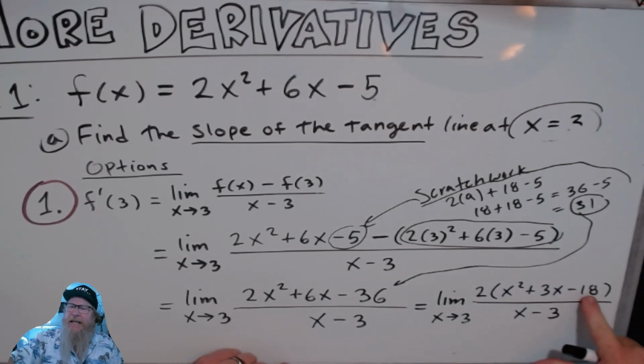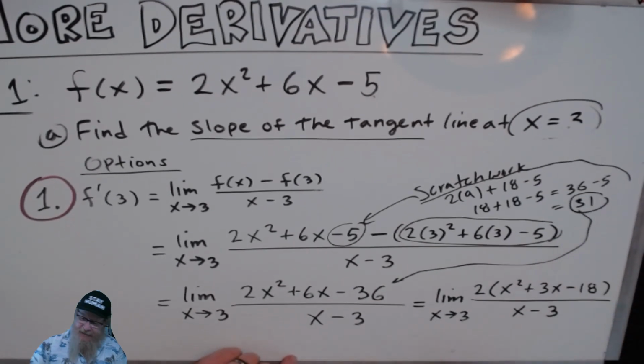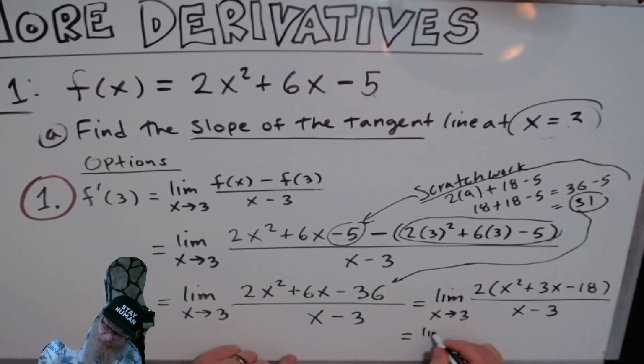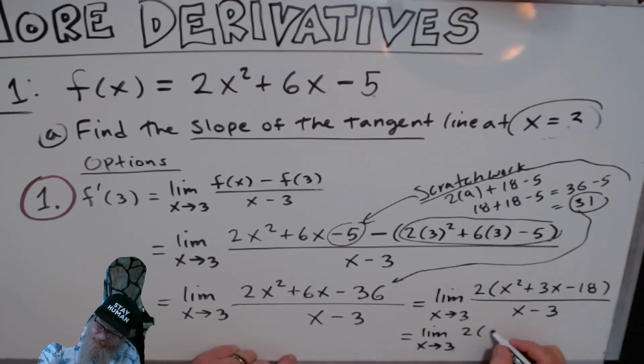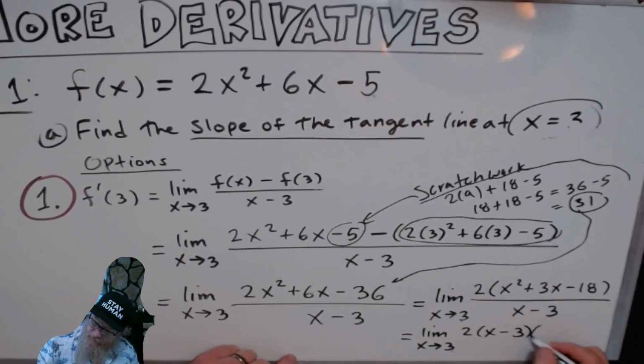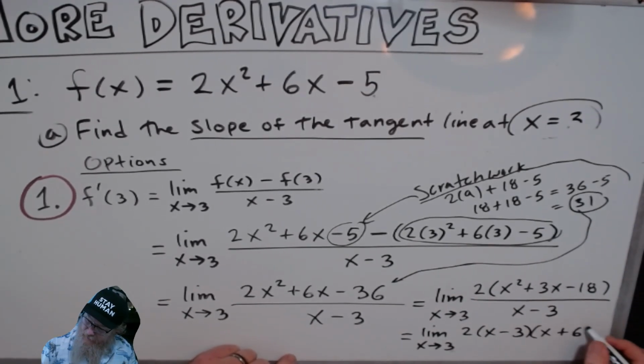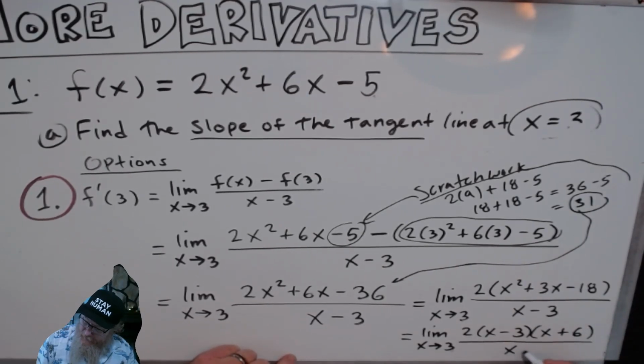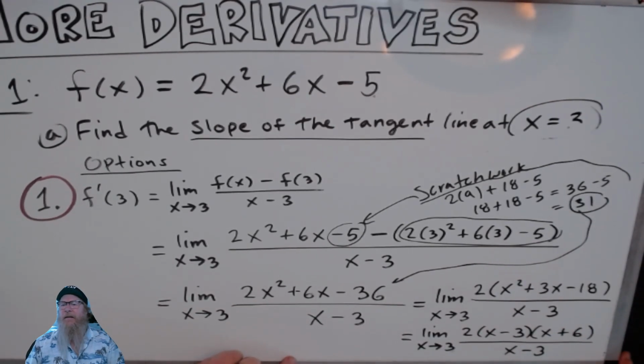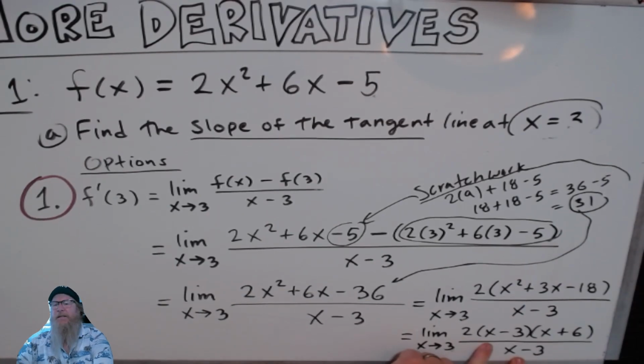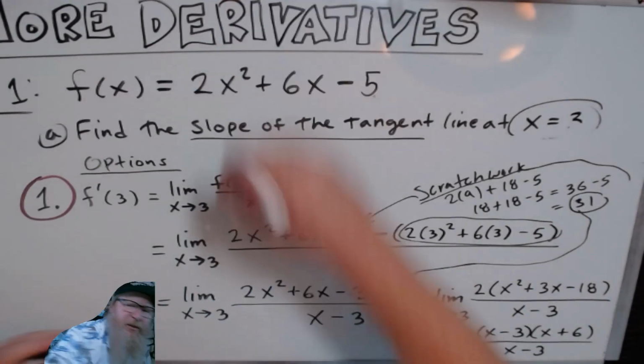And then 18 is 3 times 6. I'm really cutting it close down here. And there it is. You always get a matching factor.